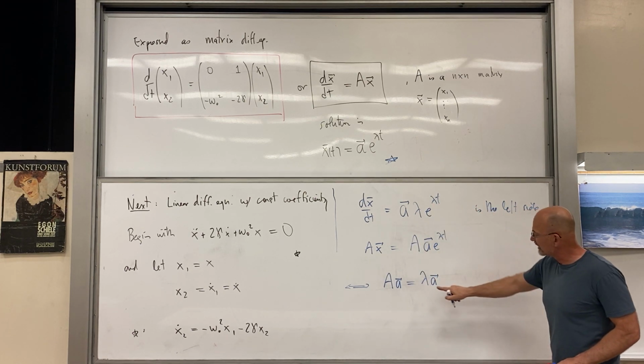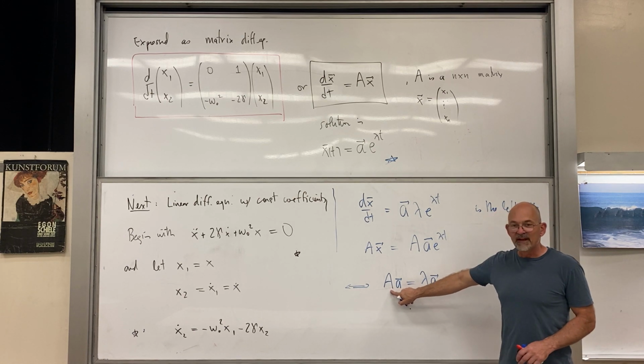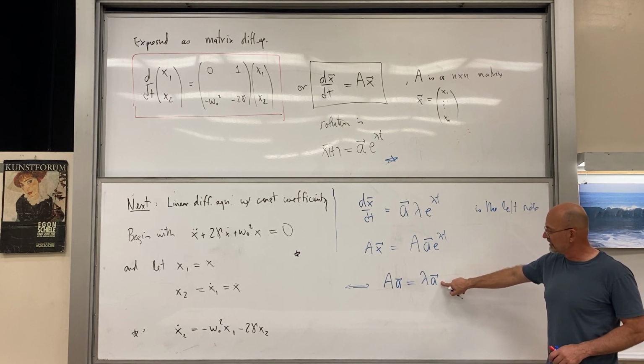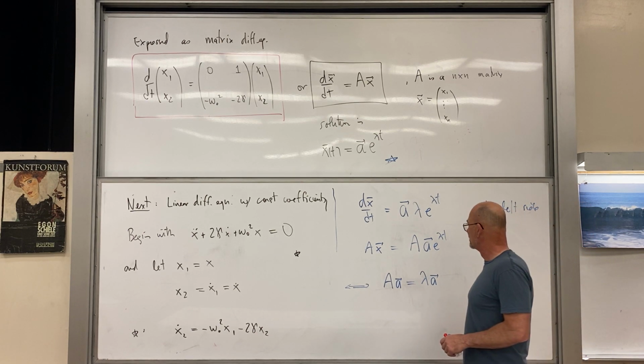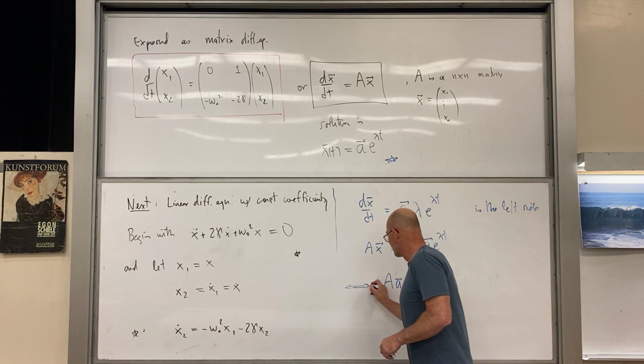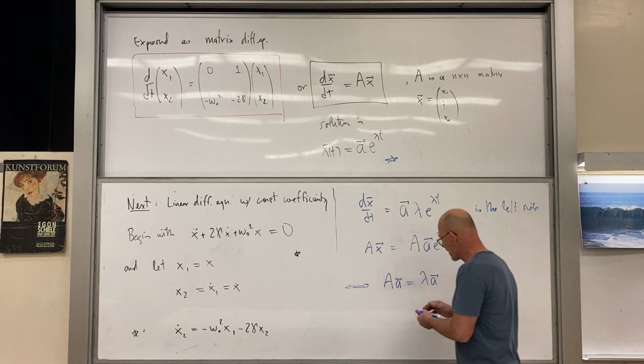Okay. Lambda is a complex number, a is a vector, and this is the defining equation for an eigenvector. So here we go. Let's go ahead and just write that down.